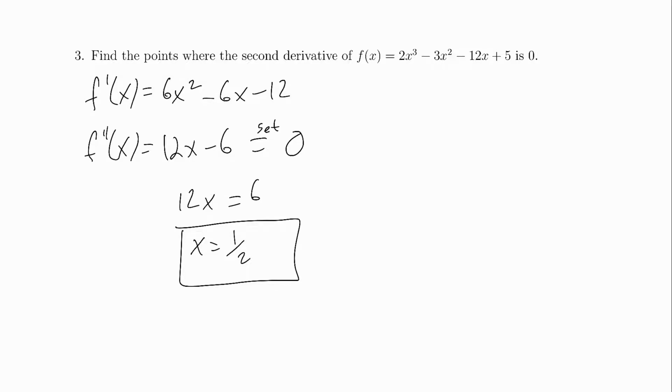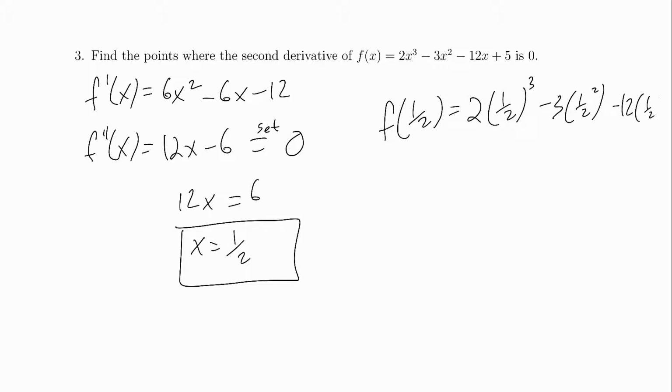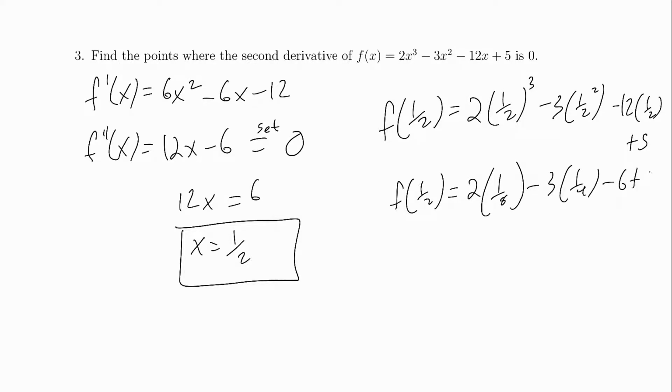If you went back and plugged it into the original function, you found f of 1/2 equals 2 times 1/2 cubed, minus 3 times 1/2 squared, minus 12 times 1/2 plus 5. So f of 1/2 equals 2 times 1 over 8 minus 3 times 1 over 4 minus 6 plus 5.